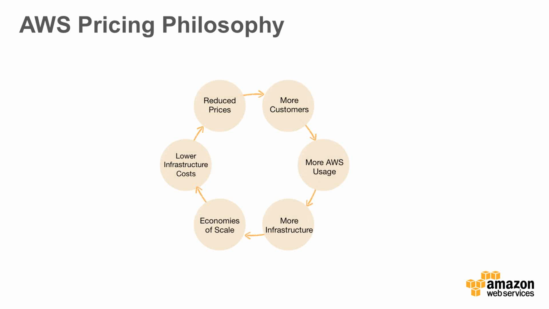And as we buy more infrastructure, we lower costs, which in turn attracts more customers. So as AWS achieves greater economies of scale, we can pass the savings on to our customers in the form of price reductions, and the cycle continues. So this is one way our customers have been able to save costs of running on AWS, and will continue to do so in the future.